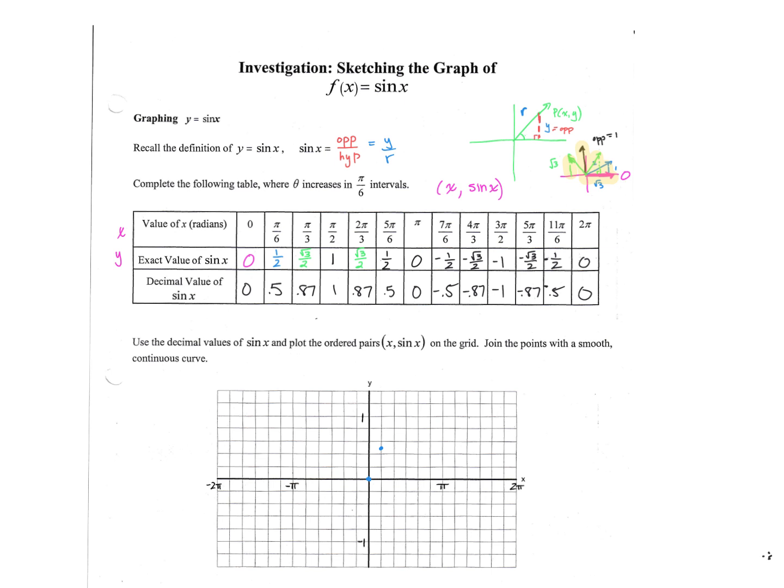At pi by 3, I'm at 0.87. And I reach my maximum at pi by 2. So my opposite side is the longest at pi by 2. And then as I continue to rotate around that unit circle, that height, my opposite side gets smaller and smaller and smaller. And then I can continue to rotate.